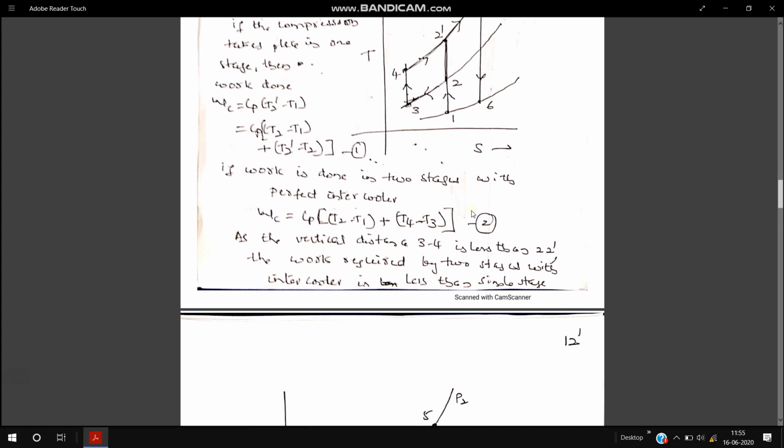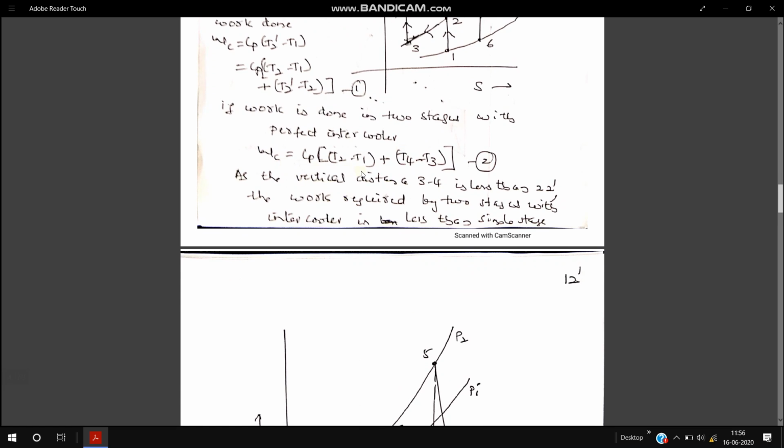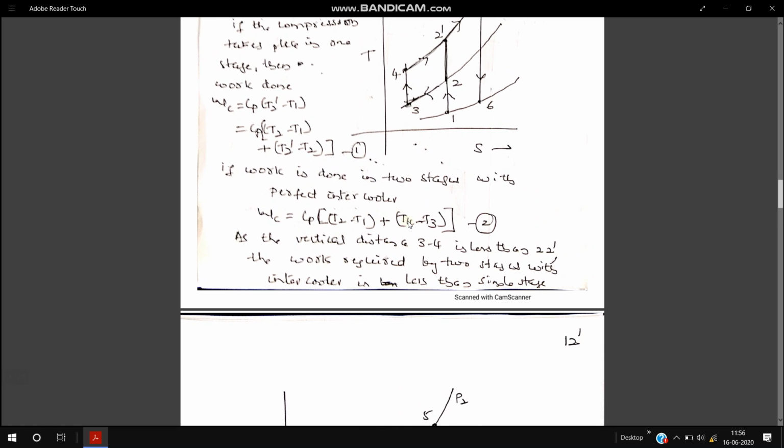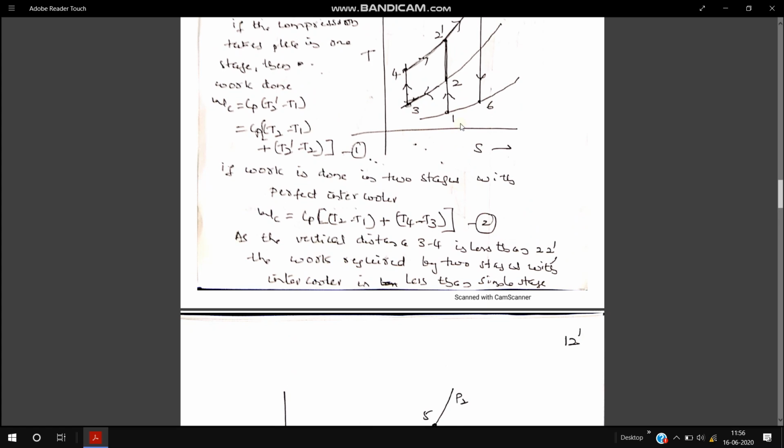If the gas turbine is used with an intercooler, with a two-stage compressor with intercooling between them, then the total work done for the two-stage compressor will be equal to Cp(T2 minus T1) plus Cp(T4 minus T3). Comparing equation 1 with 2, we get that the compressor work 3-4 is less than 2-2 dash.